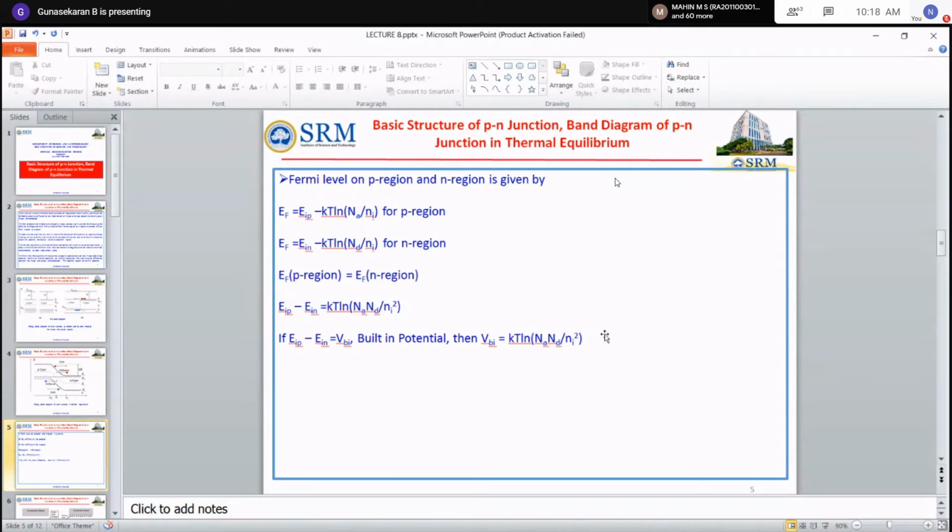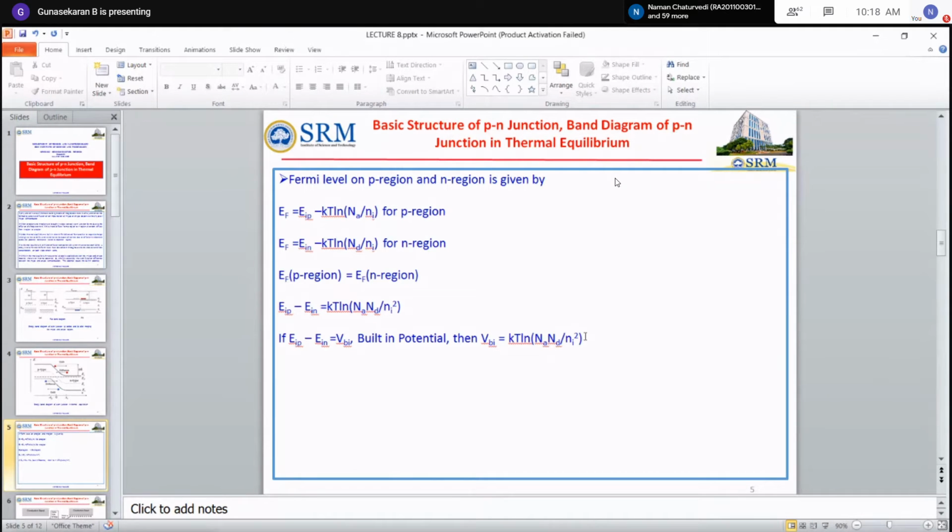Once the junction is formed, see how the equation changes. EiP minus EiN is the built-in potential, VBI. The difference is taken as the built-in potential, equal to KT times log of NA ND by Ni square, where NA and ND are the numbers of acceptor atoms and donor atoms per unit volume, divided by Ni square.